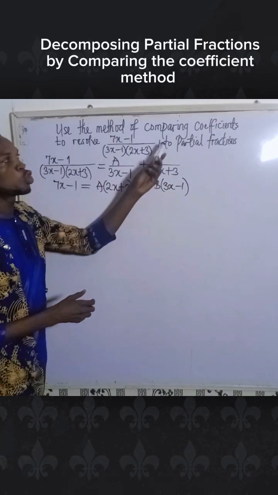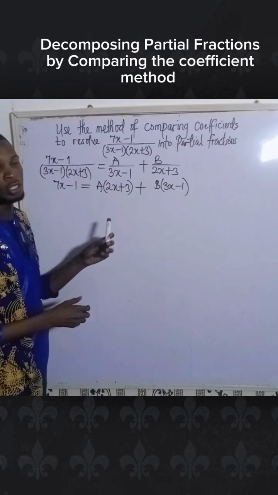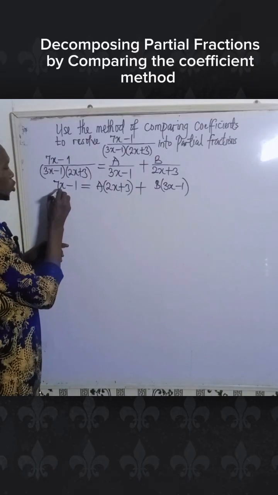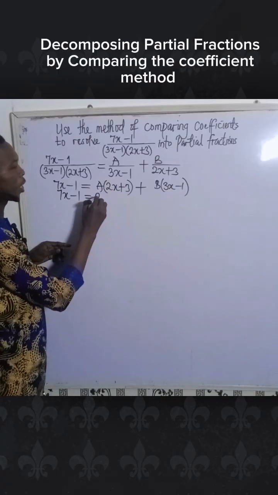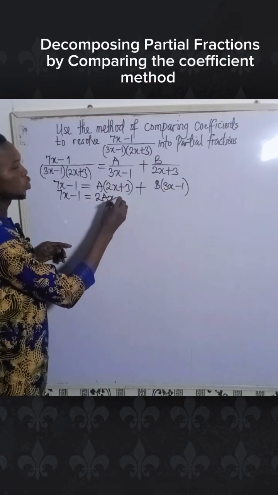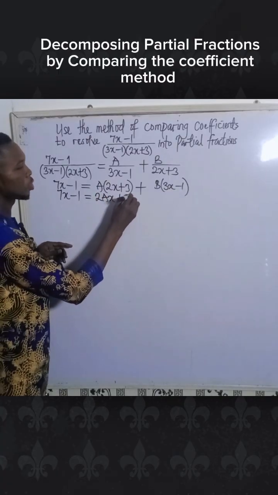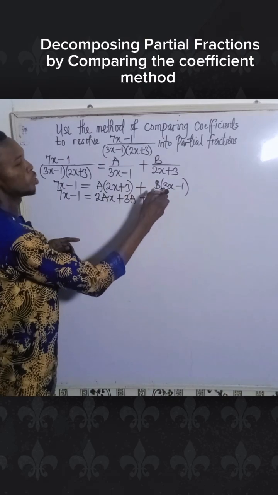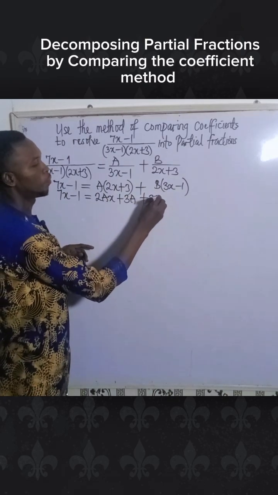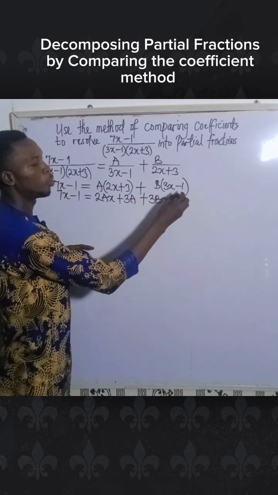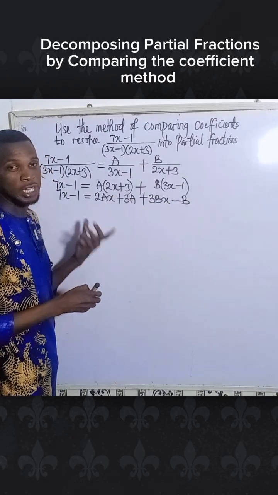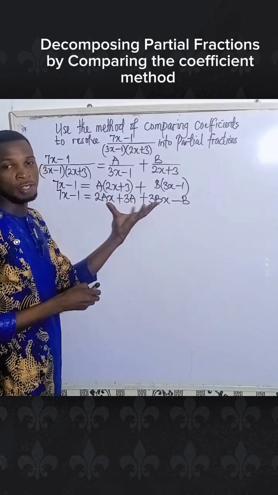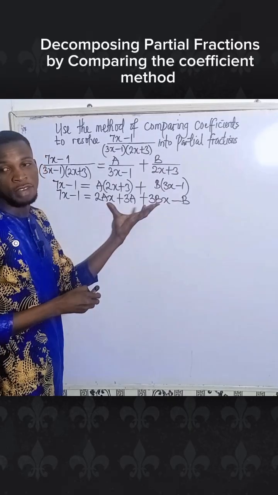Since I am to use the comparing the coefficient method, I will open the brackets. So this becomes 7x minus 1 is equal to A multiplied by 2x gives 2Ax, A multiplied by 3, 3A, B multiplied by 3x, 3Bx, B multiplied by minus 1, minus B. I want you to pay attention. The next thing you will do is combine the terms that have x.